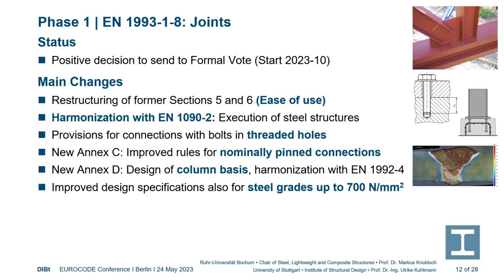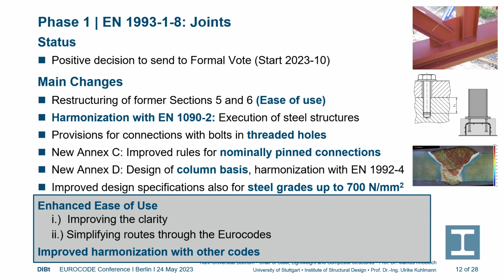We had some innovations included, like threaded holes, for example, or the Annex C improved normally pin connection, or Annex D design of column bases, which also has a kind of harmonization with Eurocode 2 Part 4. So for me, this is not only enhanced ease of use and clarity, but it's also an improved harmonization with other codes.